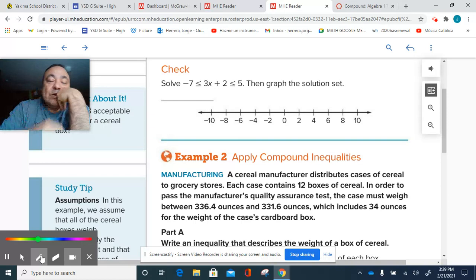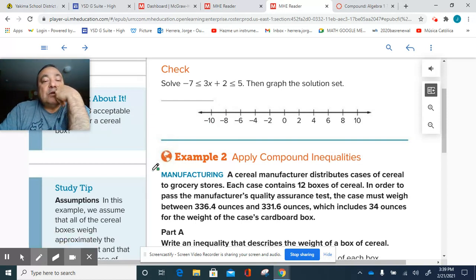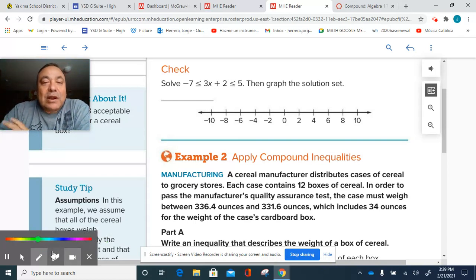I'm going to try to do something really cool. I'm going to show you algebra 2, and I can show you real quick how to do this. And it will be faster. The book wants you to do 2 different ways. Break it into 2 different inequalities, solve, then put it back together. There's a way in which you can do it in one shot.